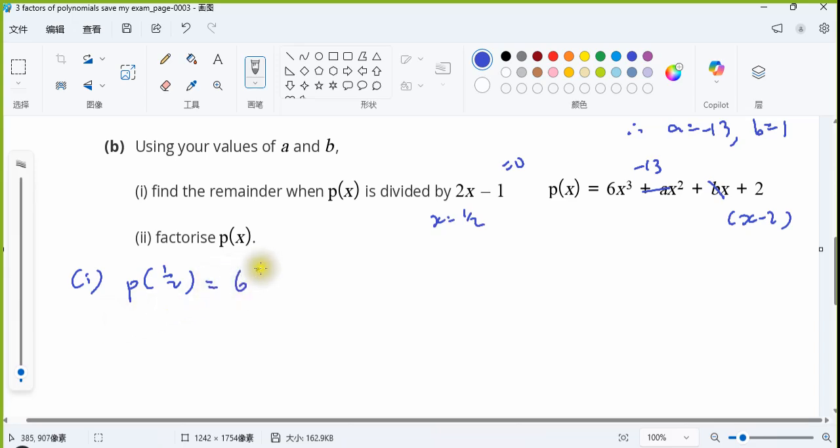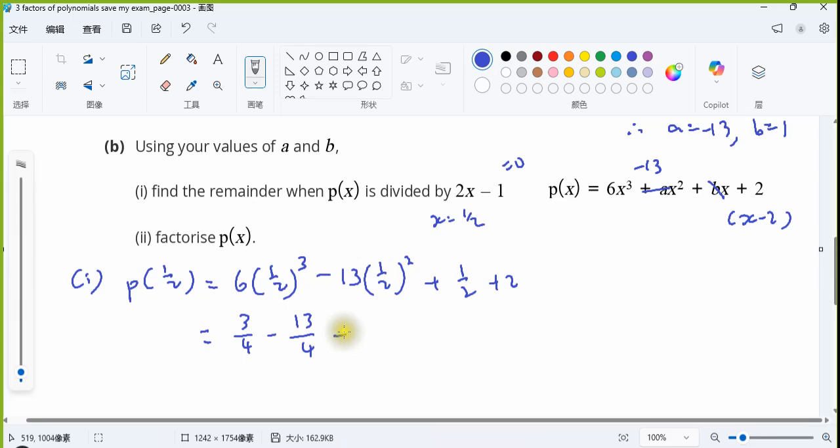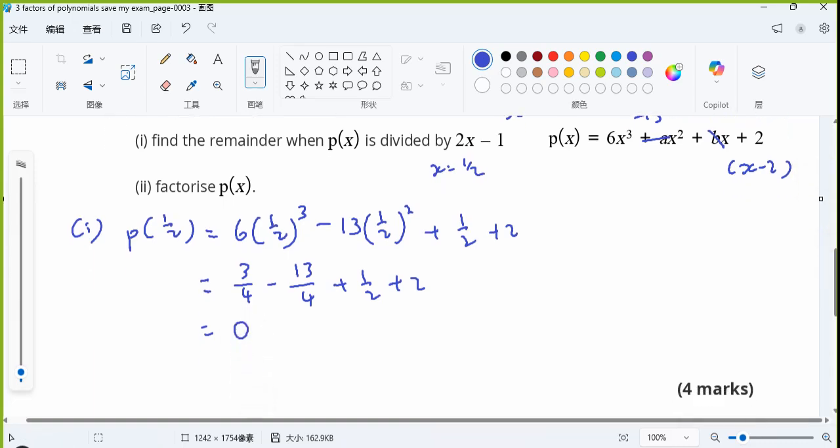So it will be 6 half cubed minus 13 half squared plus half plus 2. So 3 over 4 minus 13 over 4 plus half plus 2. So it's negative 10 over 4 is negative 5 over 2, then it's 0. So, oh, this is a root also.